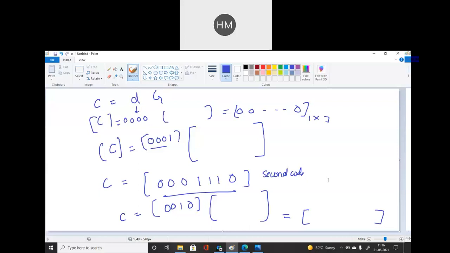Yes, all others are simplifying this. Are you getting this answer or not? प्रतिभा के जैसा ही आंसर आ रहा है, कुछ और आ रहा है तुम्हारा? Please mention in the chat box. And Pratibha's answer is right. The third code word generated is 001, 0010.